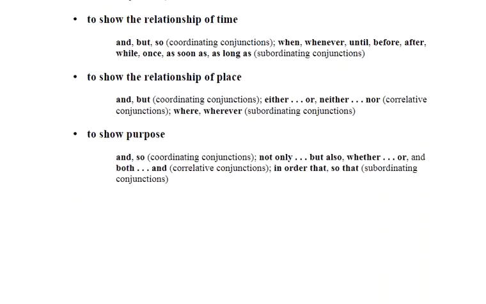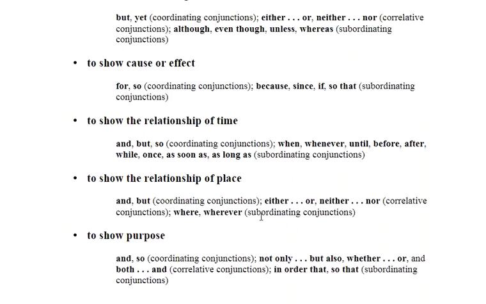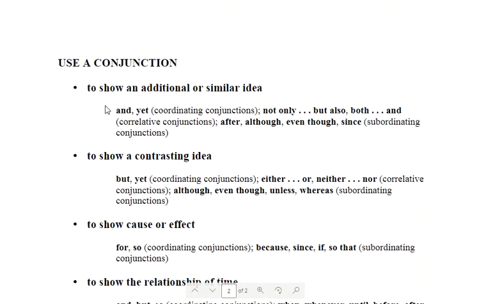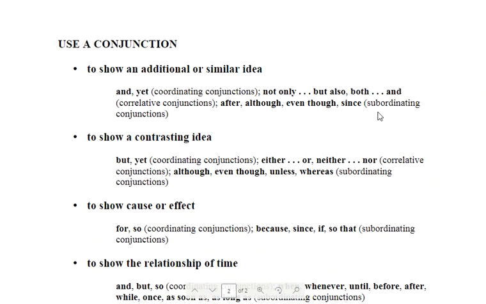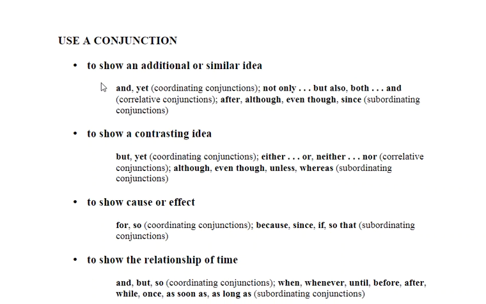Now here are the usages of conjunctions. Use a conjunction to show an additional or similar idea. We use and or yet, coordinating conjunctions, not only but also, both and, correlative conjunctions, after, although, even though, since, in the subordinating conjunctions. These are used to indicate or emphasize addition or ideas similar to the ones that we just mentioned.